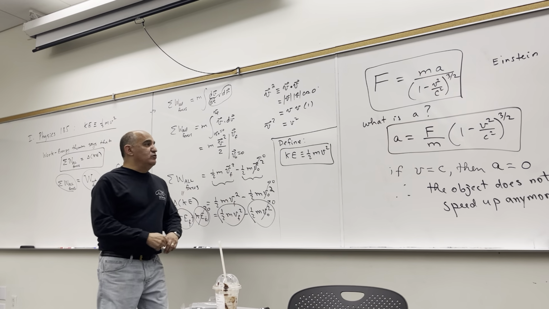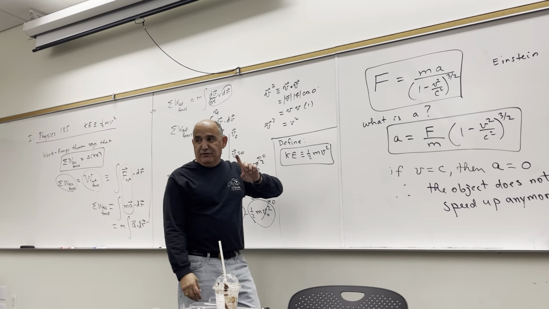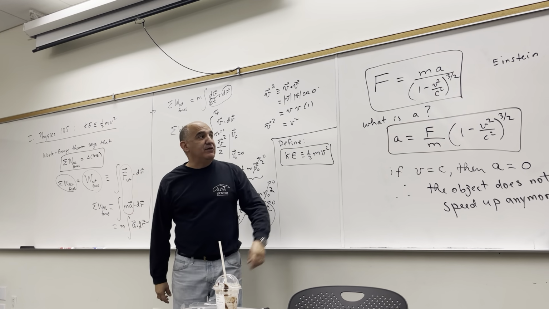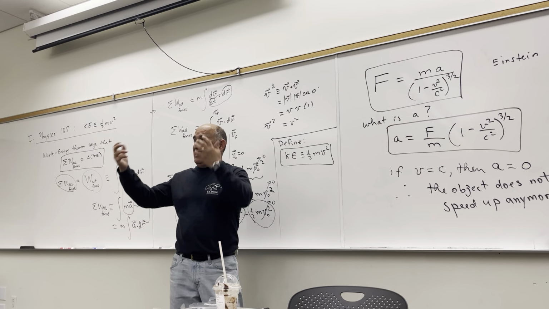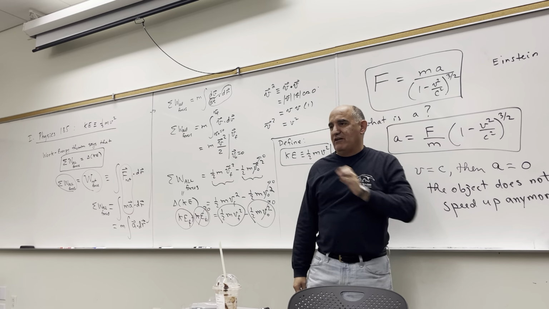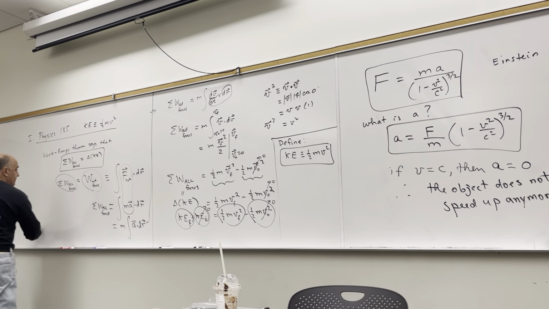So what I would like to do is this again, but instead of using Newton's second law of motion written as F equals ma, I'm going to write it as F equals ma divided by (1 minus v squared over c squared) raised to the 3/2 power. What if I do that now? So let's see what we get. Can I erase this now?